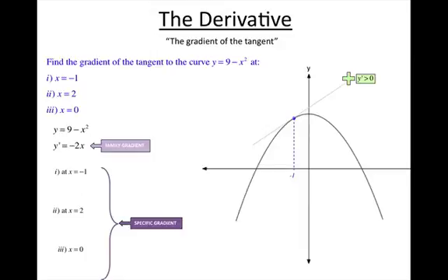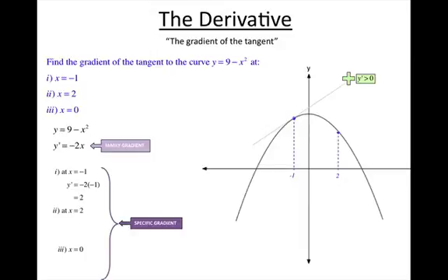So let's just prove that algebraically. We sub in our minus 1 into our family gradient. So wherever there was an x, we replace it with minus 1, and our derivative therefore is 2. So our m of t, our specific gradient, at that point is a gradient of 2.